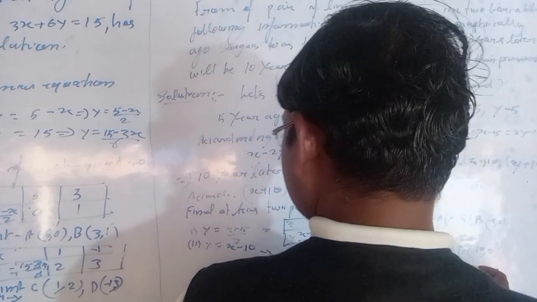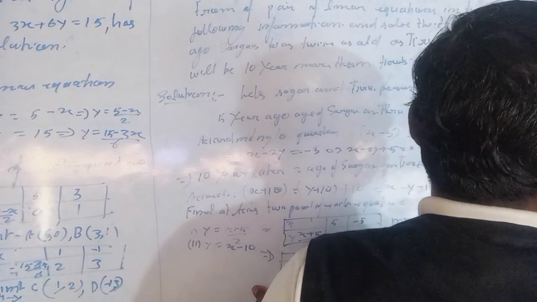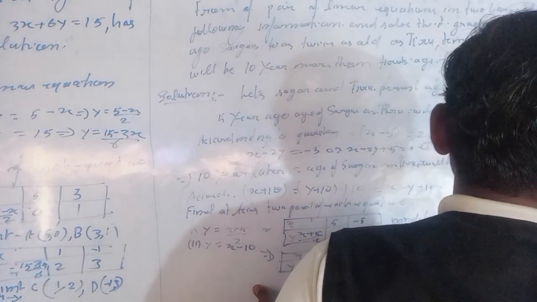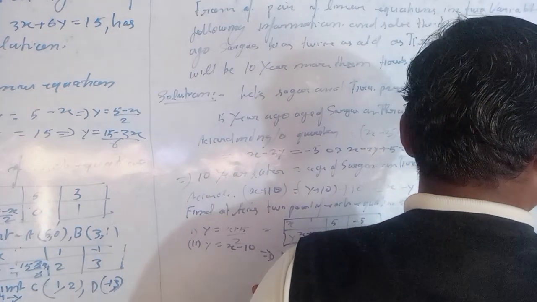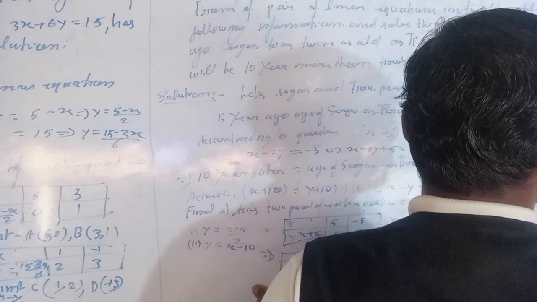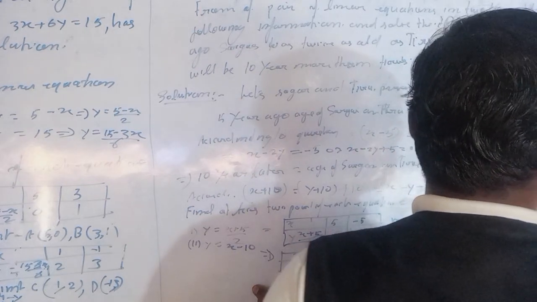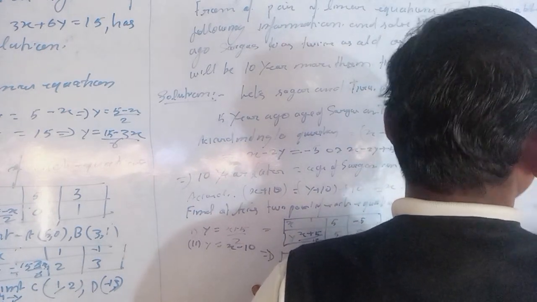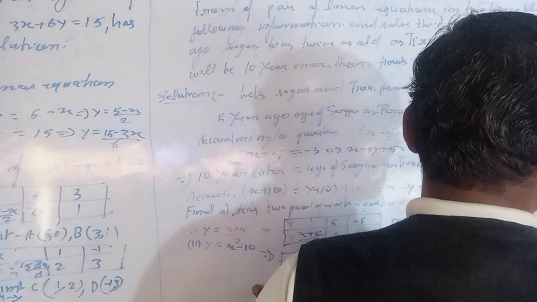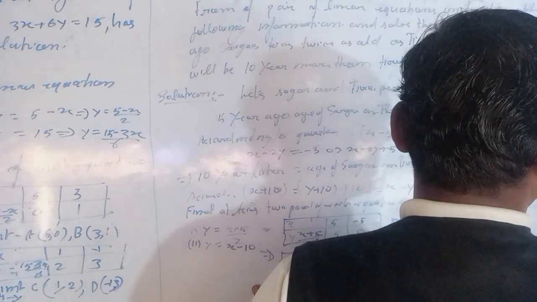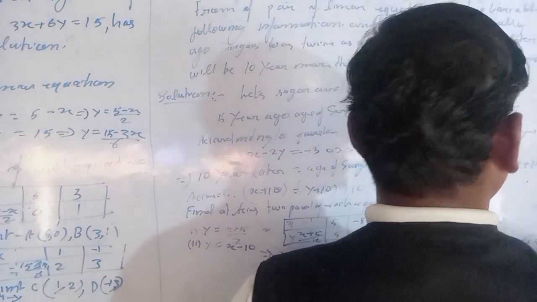So in graphical representation form, first of all we will draw the graph: x dash, y dash, and 0 is here, then 1, 2, 3, 4, 5, 6, 7, 8, 9 and 10 along each axis. Got it? So these values are given here.